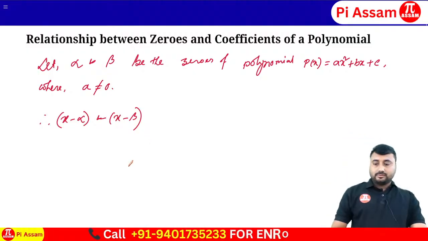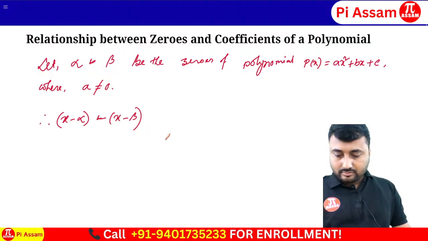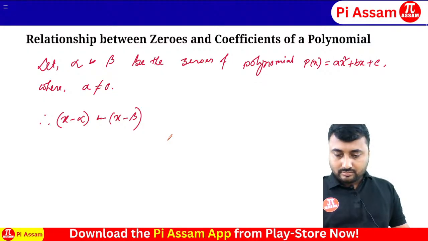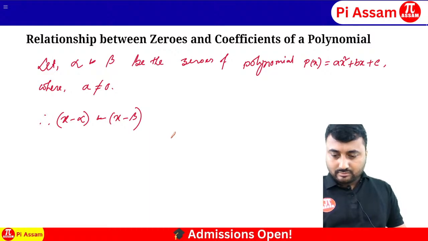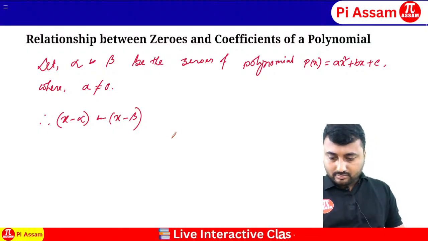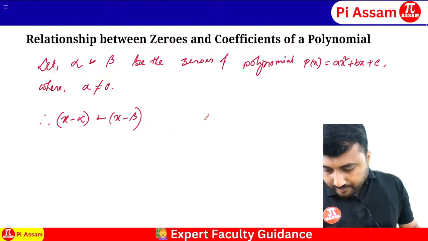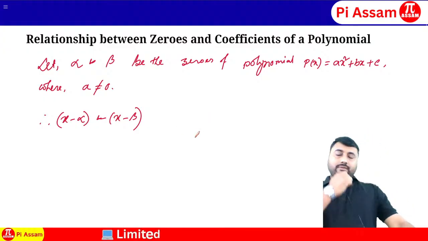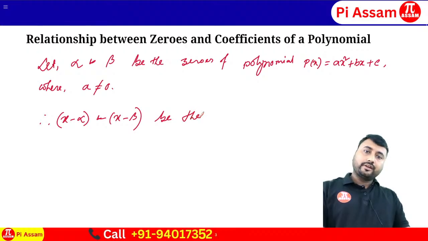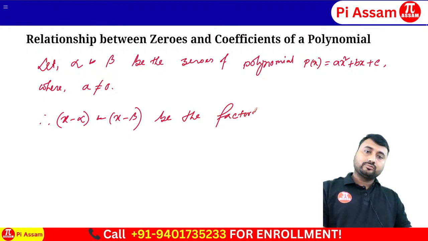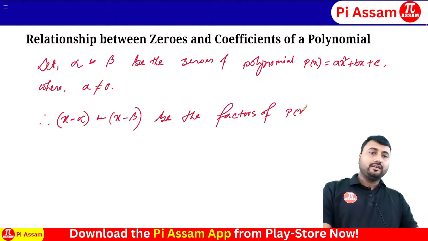Okay, so there once again, x minus alpha and x minus beta are factors of the polynomial p(x).